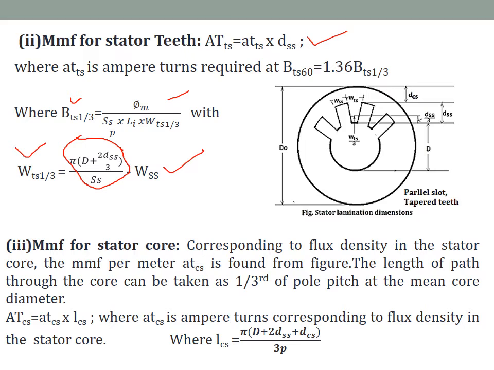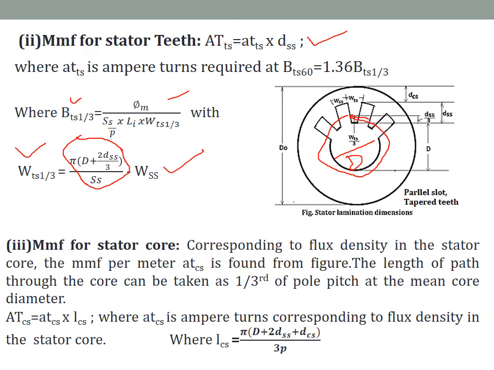Slot pitch at 1/3 height. Assume that this is the 1/3 height. You can see here, from here to here it is given. So now, pi D, this is the diameter.